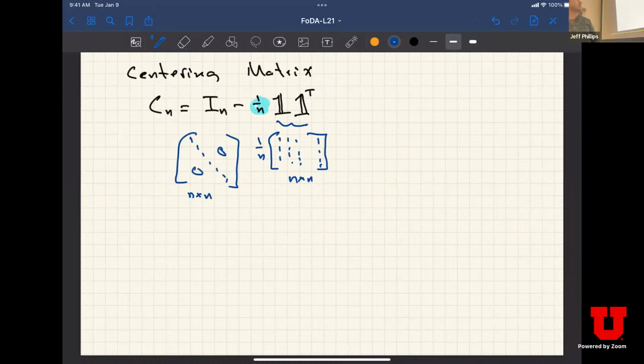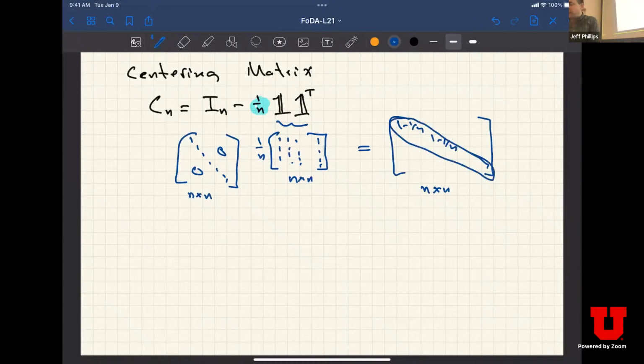So ultimately, the resulting matrix is going to be n by n, where these terms are 1 minus 1 over n on the diagonal, and off diagonal is going to be negative 1 over n. I'll show you an example in Python in just a minute. This is the centering matrix.